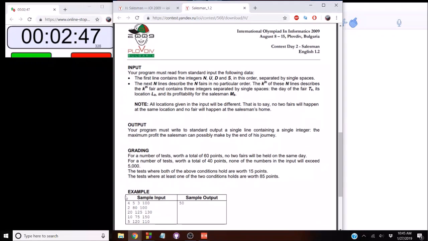Input, let's see, N, U, D, S, and the next N lines contain the fairs. Okay, so it says the date of the fair, the location, and how much money you can make from it.